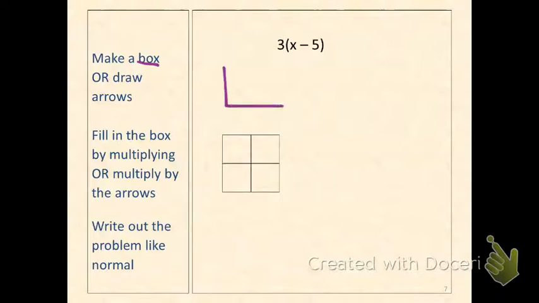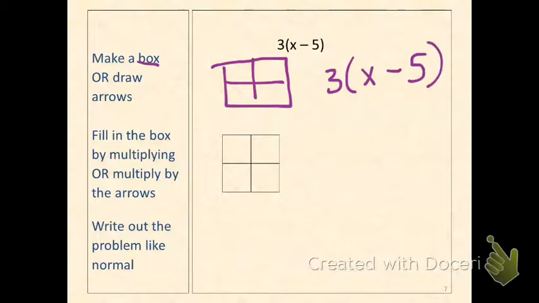When I say make a box, you literally just make a box that looks like this. When I say draw arrows, and some of you might not like the arrows, you go like this, and you go like this. The only difference, though, is when you make those arrows, you have to do a sound effect that goes with it.